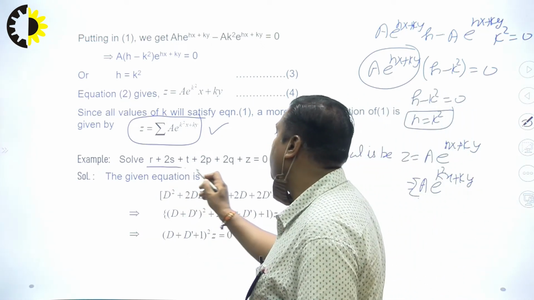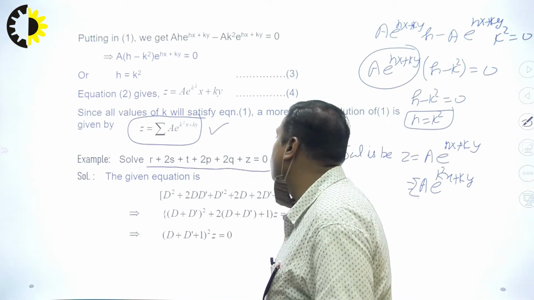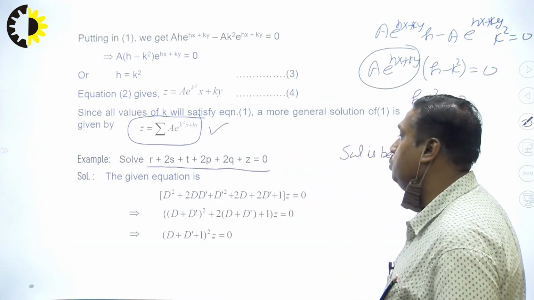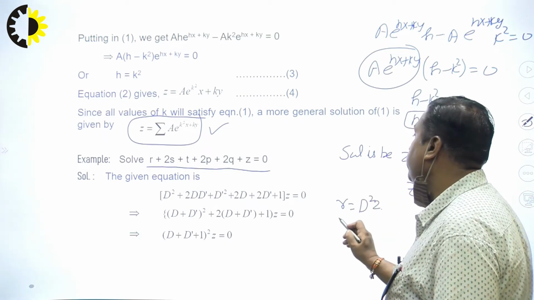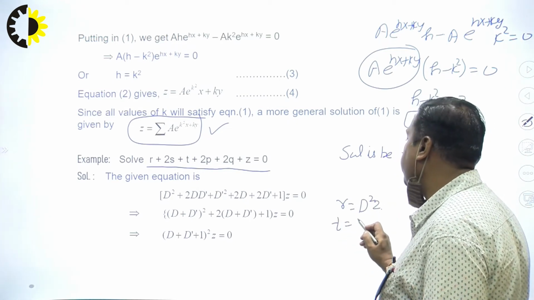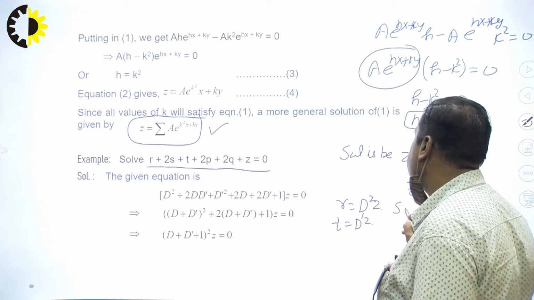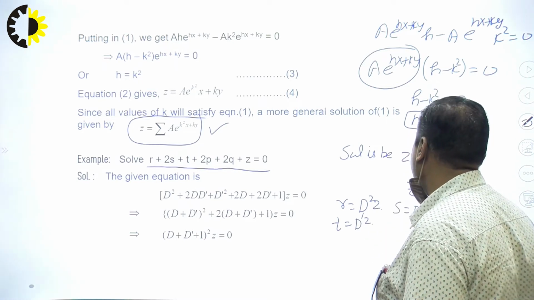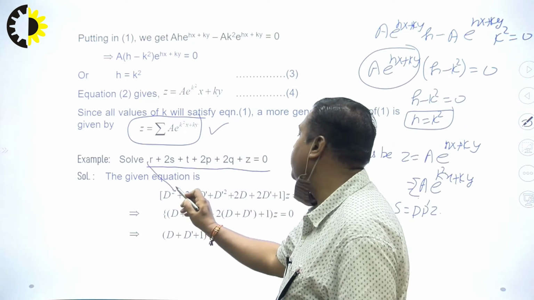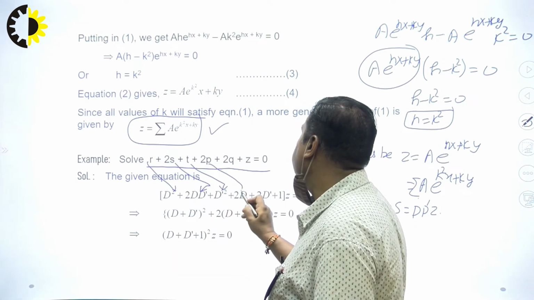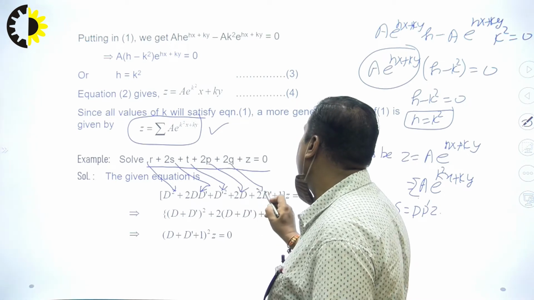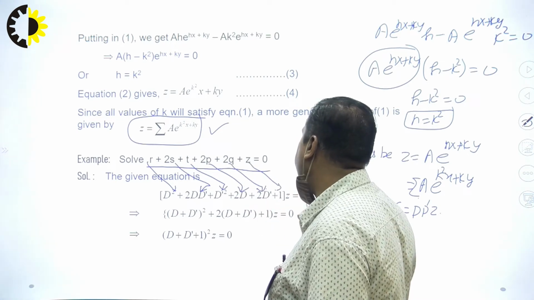Solve the equation r + 2s + t + 2p + 2q + z = 0. R is taken as D²z, t is taken as D'²z, s is taken as DD'z, and we are putting this value. P is taken as Dz, q as D'z, so (D² + 2DD' + D'² + 2D + 2D' + 1)z = 0.